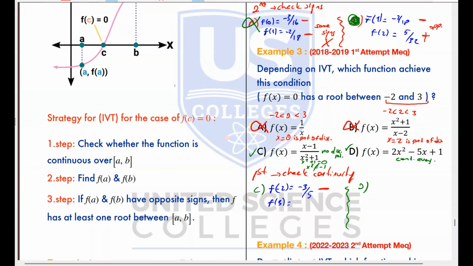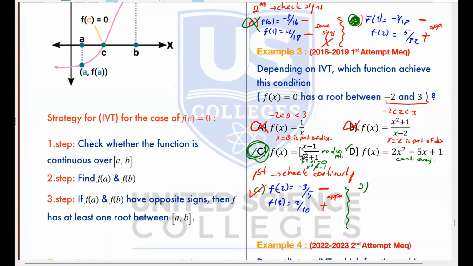What about the next one? F of 3: 3 minus 1, 2, divided by 3 squared, 9, plus 1, 10. 2 over 10 is a positive result. So I have opposite results. So it checks. Then C is my answer.